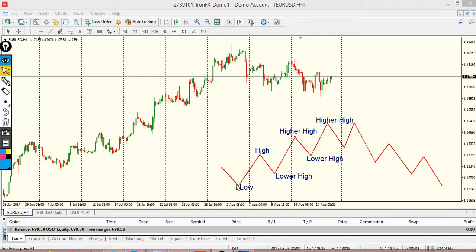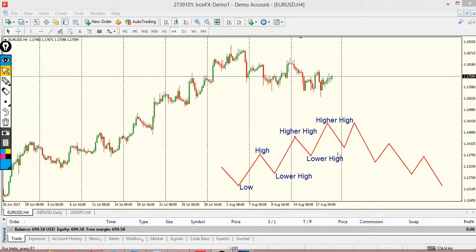So when this low is maintained and we don't get any low coming below this low, we have what we call a lower high. Then this will be a high. Then when this high is also breached, you see, from here up here, we broke this high. So once it's breached, we call it a higher high. Now once you see a lower high and a higher high, we say the market has formed an uptrend. The market has formed an uptrend.